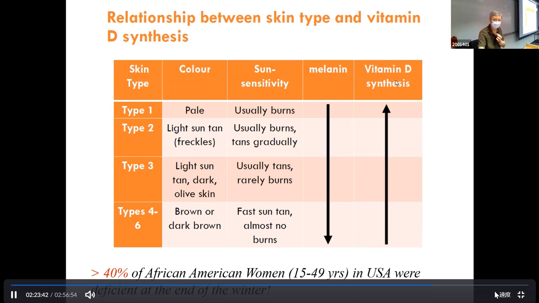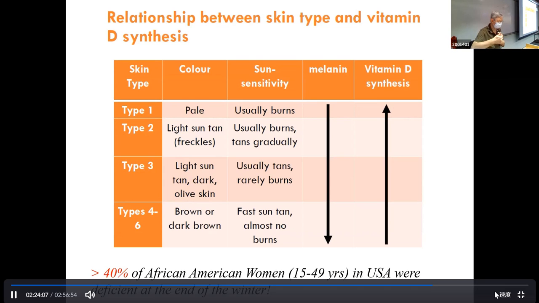You will see that vitamin D synthesis will be much greater in fair-skinned people compared to dark-skinned people. And this is why, for example, in this statement, a good 40% of the African American women in the USA were deficient at the end of the winter.